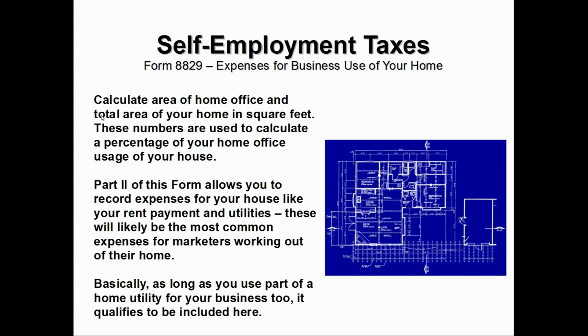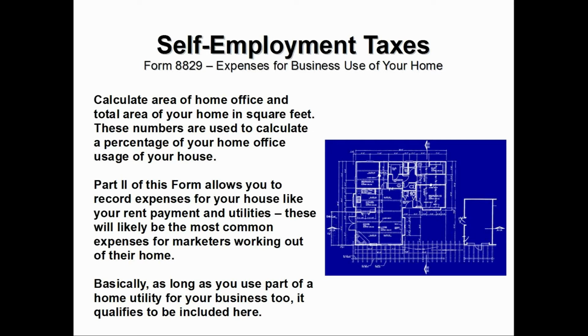So then you go through Part 2 of this particular form and you list the expenses that you have. If it is a split expense, something that you have both for personal use and for business use, like an internet connection or the rent that you pay on your house, for example, those are all what's known as indirect expenses.